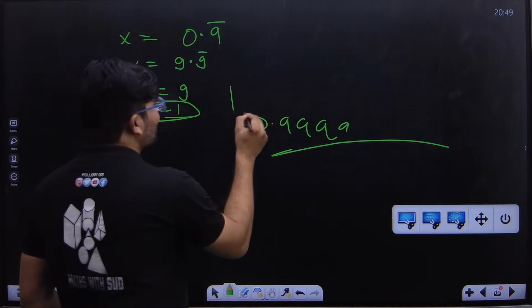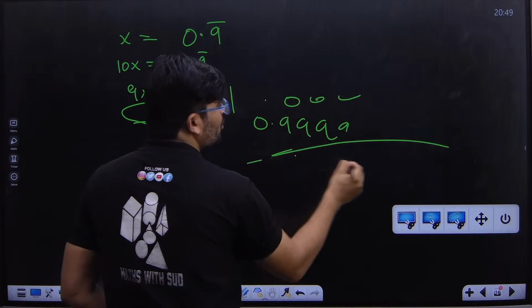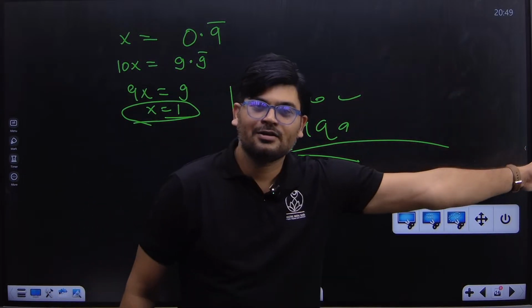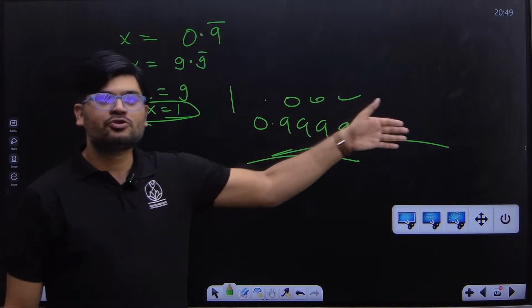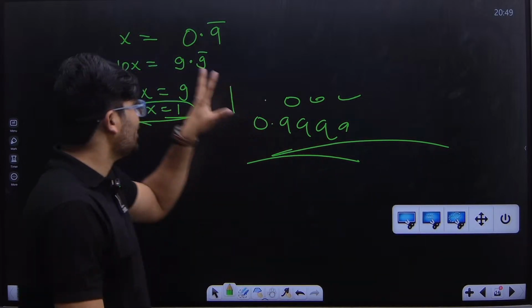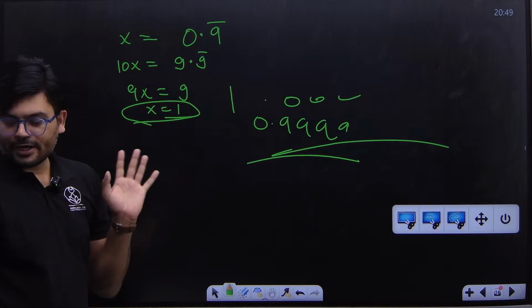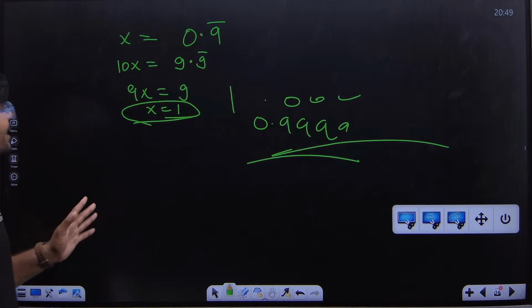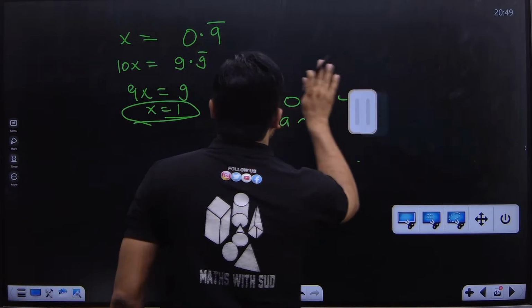When you subtract from 1.000, from where will you start? At most you get 0.0000, which is equivalent to 0 only. So if there is no difference, they are equivalent. Such things are negligible, so we take it as the same.